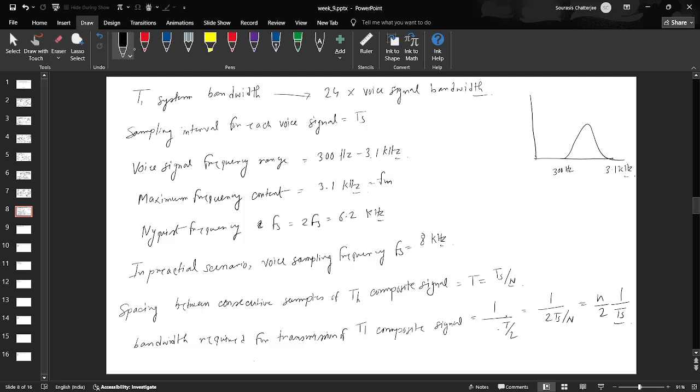Your sampling interval is T, so it should be 2T, that is 2 Ts over n. Just fix that. So the bandwidth is 1 over Ts by 2n, that is n over 2Ts.